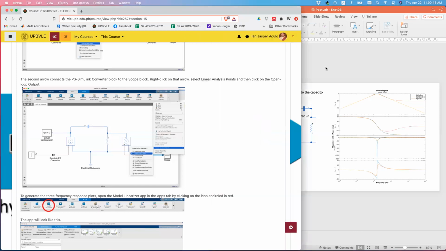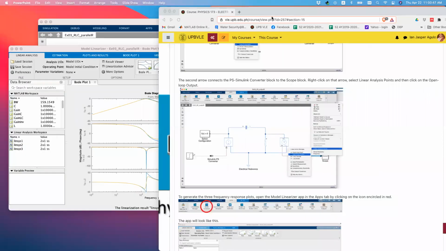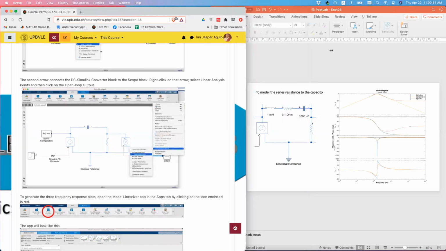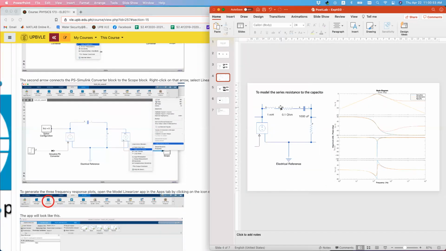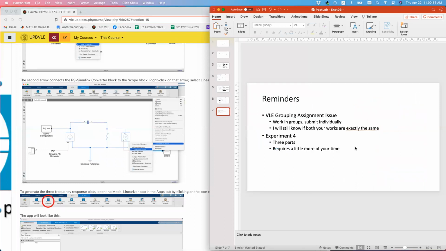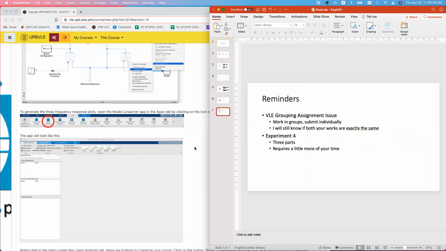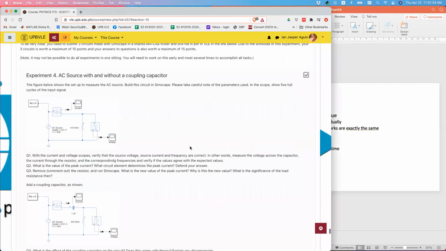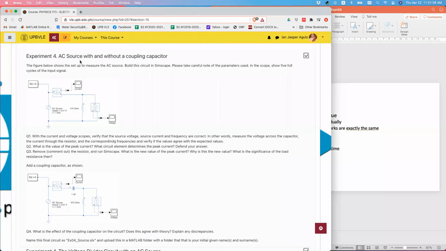Okay, so let's move on to experiment 4. So, ang sinasabi ko rito sa experiment 4 is merong 3 parts kung hindi nyo pa nakikita. So, ang first part ng experiment ay ito, AC source without a coupling capacitor.